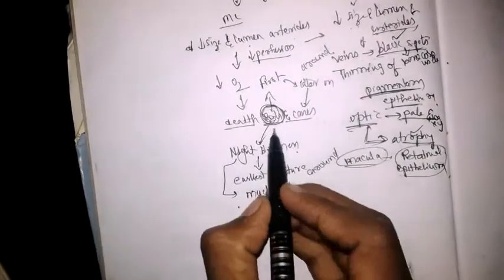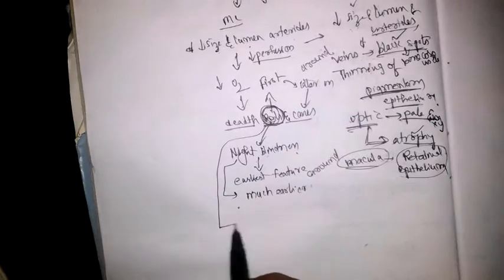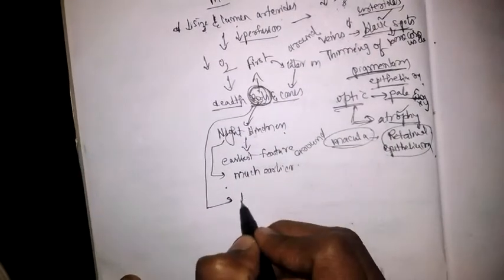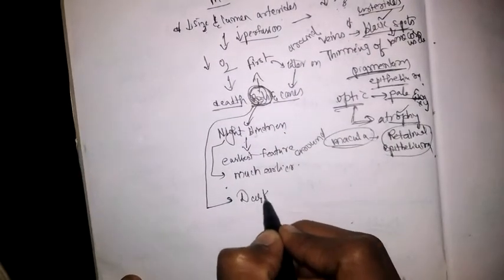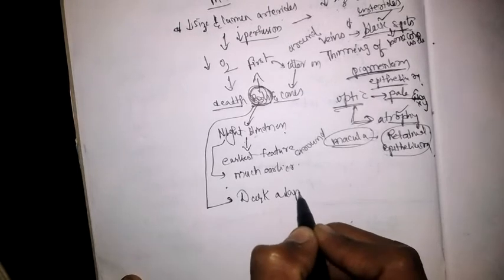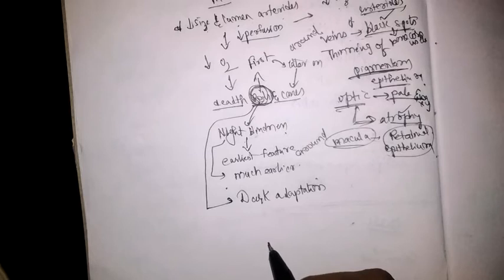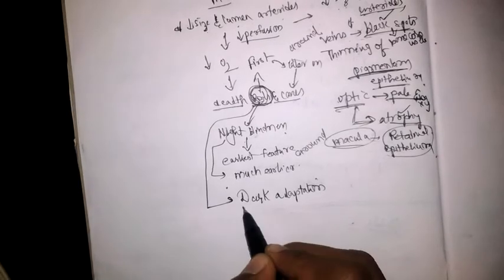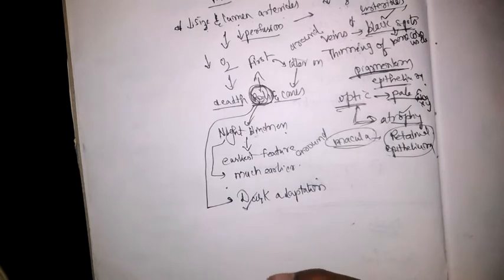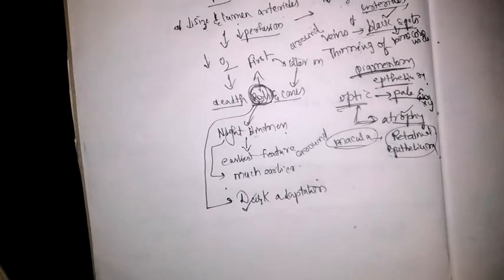And as the rods are affected, dark adaptation time will also get affected, because dark adaptation depends on the function of rods.